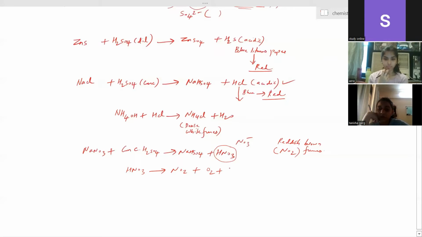Water. Because of the formation of reddish brown gas, we can easily distinguish, since everywhere acidic properties are used, between hydrogen sulfide, hydrogen chloride, and nitric acid. So this way we use decomposition: 4HNO3.